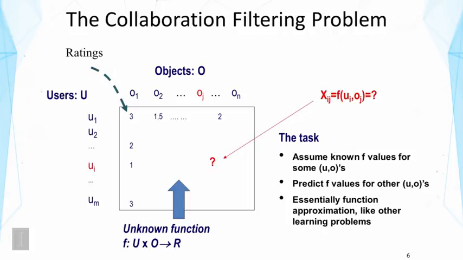So this is very similar to other machine learning problems where we know the values of the function on some training data set, and we hope to predict the values of this function on some test data, right? So this is a function approximation. And how can we figure out the function based on the observed ratings? So this is the setup.